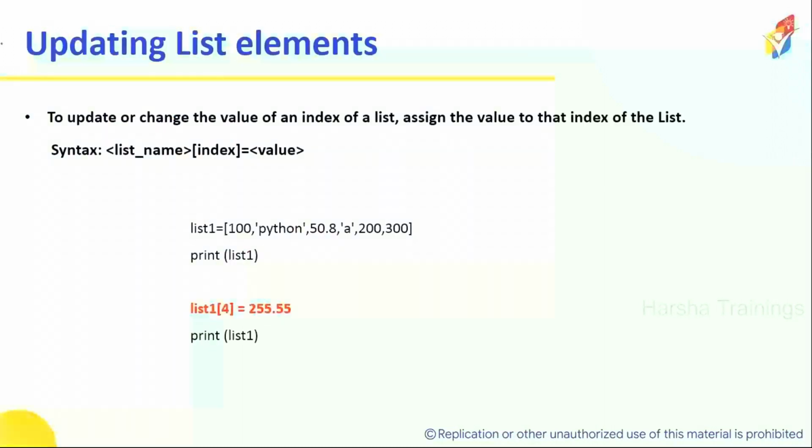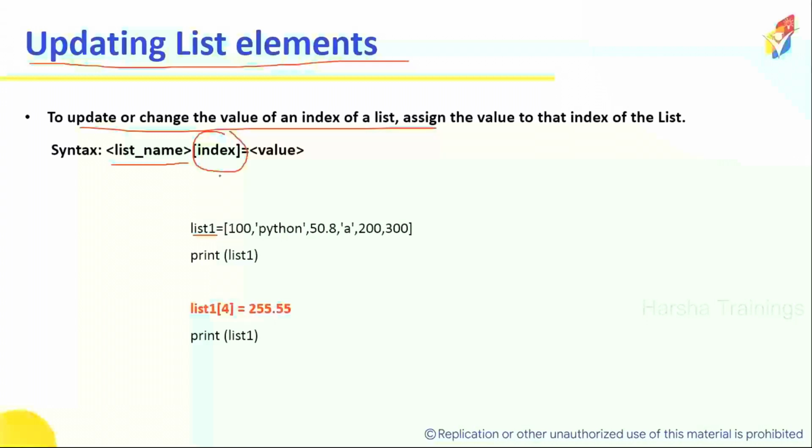Now, in order to update, there is a syntax called update list elements. The syntax is to update or change the value of an index. Update means I can change any value. It can be done using the list name, here list1 is my list name, followed by the index.